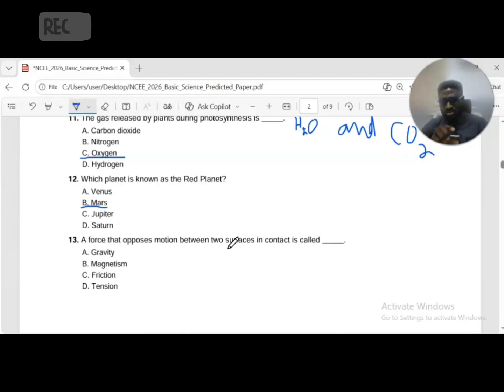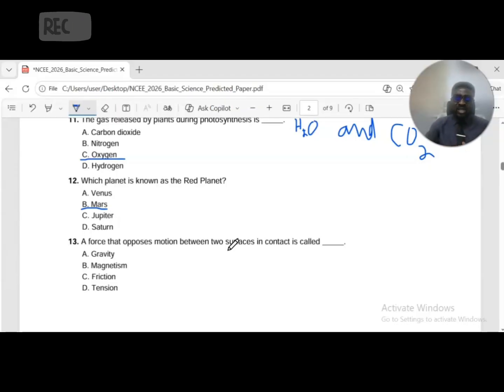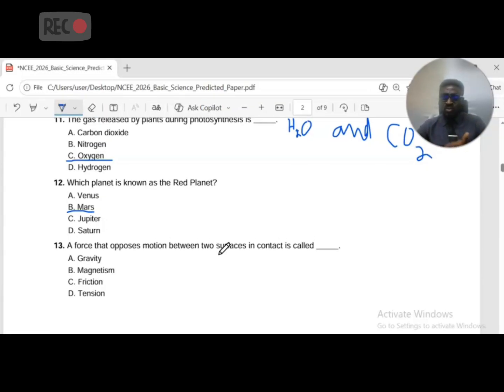So which among these four options has to do with the opposing of motion between two surfaces in contact? When you rub your hands, over time you begin to feel warmth or heat. What causes that warmth? It is the contact between the two surfaces rubbing against each other, and that force is called the force of friction. So the answer is option C, frictional force.